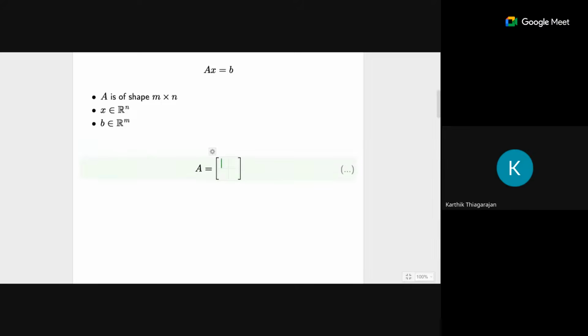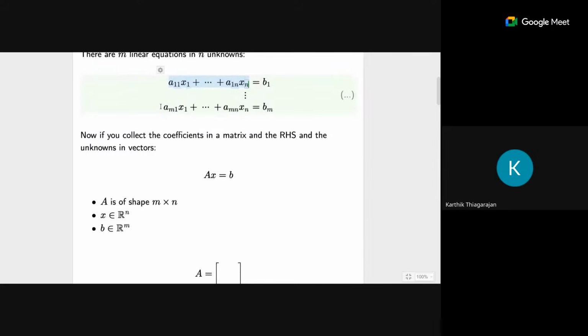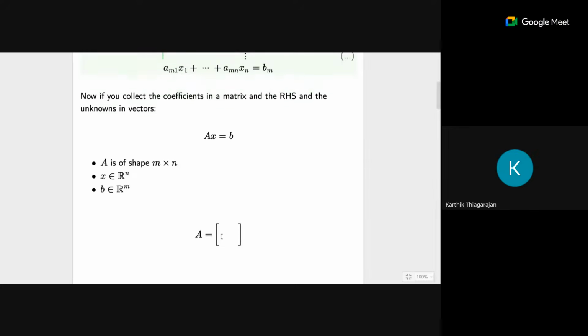Instead of looking at A as m into n entries, it's a matrix with m rows and n columns, laid out in the form of rows. Here the focus is on the row form of Ax equal to b. Each row we are separating out. That is perfectly fine. In fact, we will stick to that, and I'll show you how you can rewrite it.